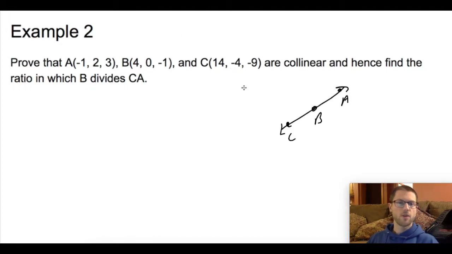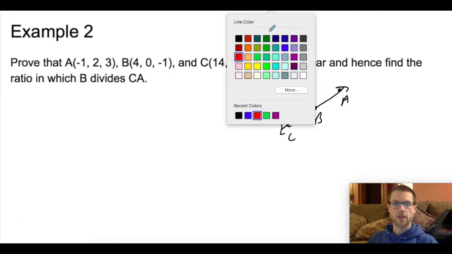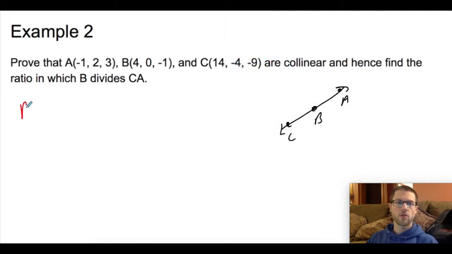Now, if I want to find vector AB and vector BC, I'm going to have to do a little bit of math. Let's find vector AB. That's going to be the difference between the coordinates: 4 minus -1, 0 minus 2, and -1 minus 3.